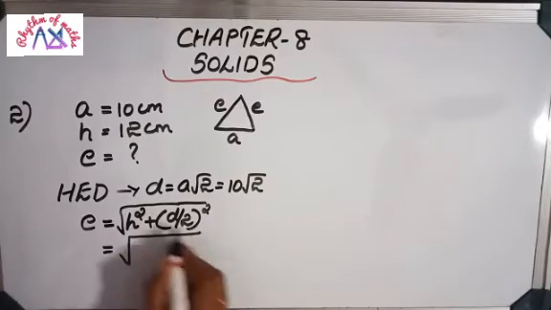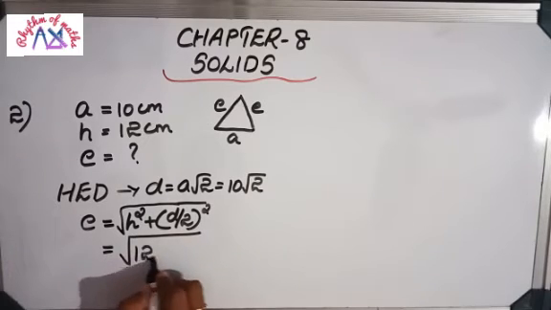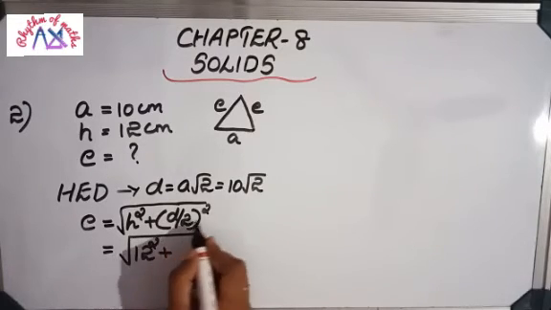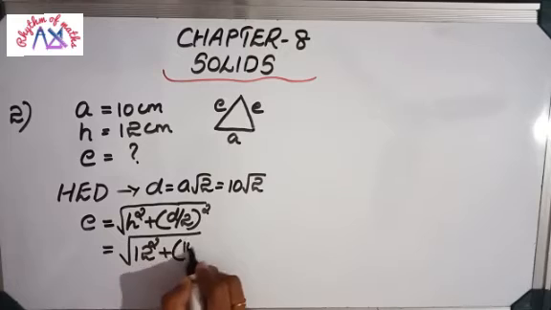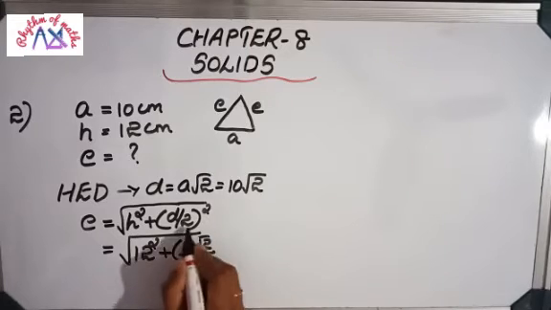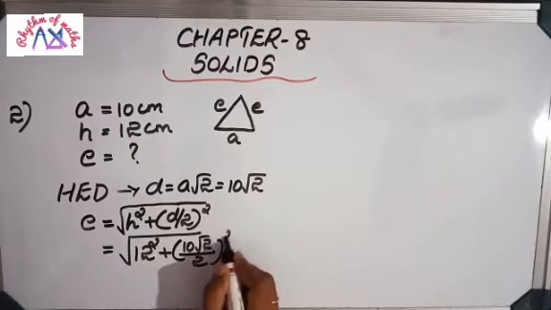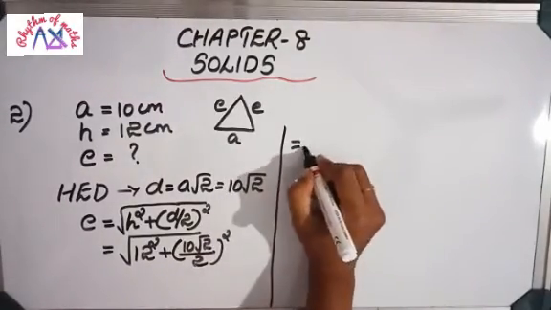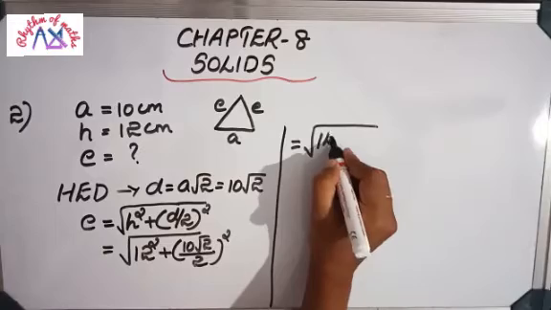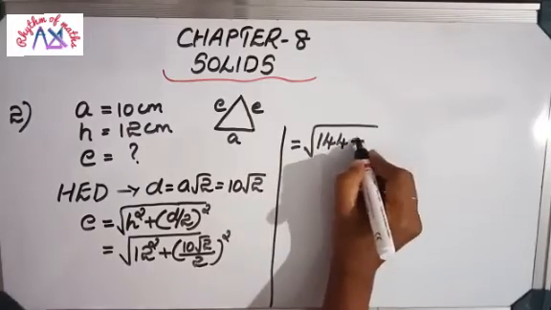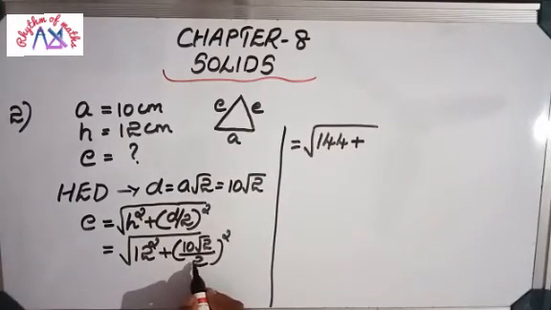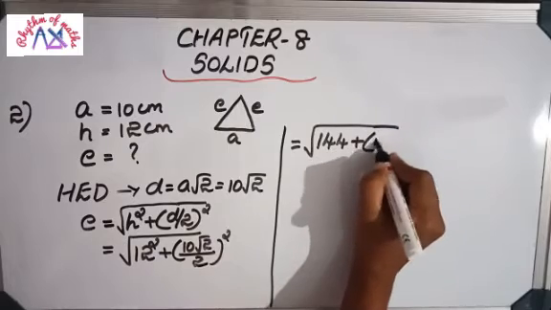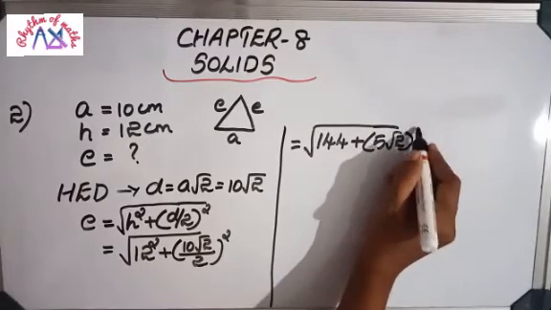Okay, d by 2 whole square. So here h is given as 12. So 12 square plus d by 2, and d is 10 root 2, by 2 also you have to write whole square. Okay. So that is equal to root of 12 square is 144, plus 10 by 2, that is 5, so 5 root 2 whole square.